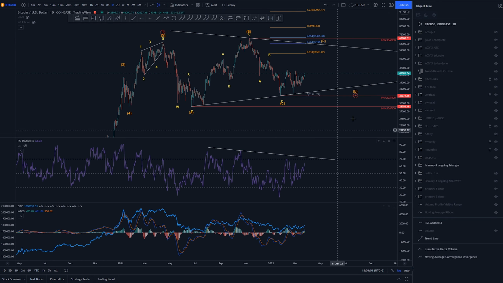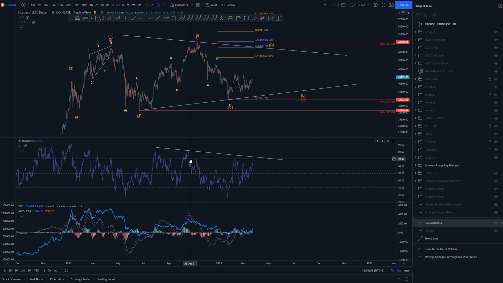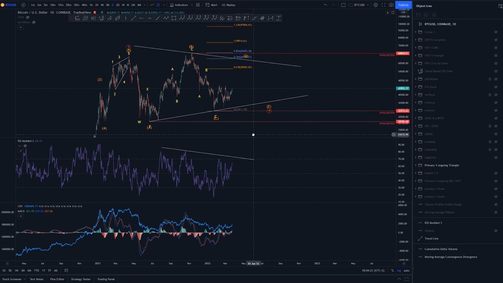But with this triangle, I have to say that the RSI are not really supporting it too much. We see a high here. Yeah, again, this one is higher. Low here, but it is higher or lower than this one here, or these two both. So it's not really looking too good for this, but it is possible, I guess.